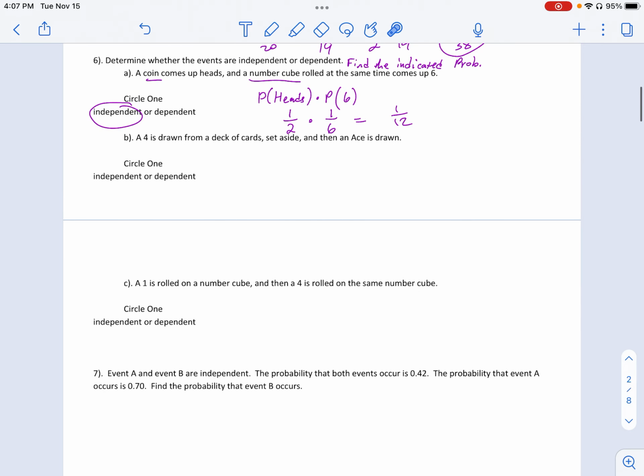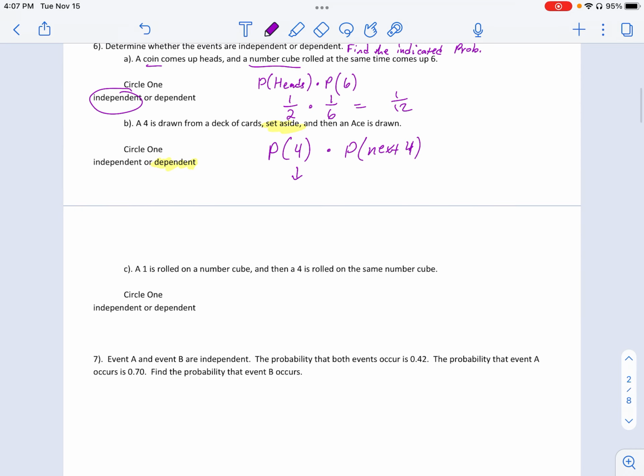All right. Letter B. A 4 is drawn from a deck of cards, set aside, and then an ace is drawn. So the key phrase is set aside, which means you don't put it back in the deck, which means it's going to influence the next draw. So the probability of a 4, and then the probability of the next 4, they're not the same.